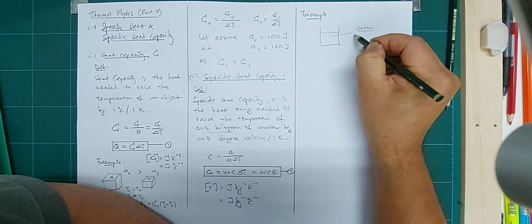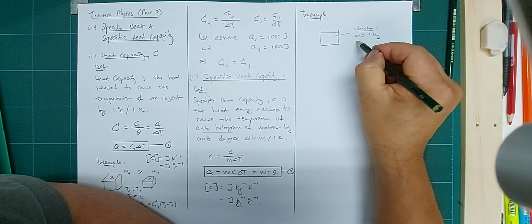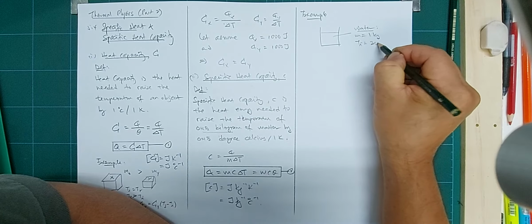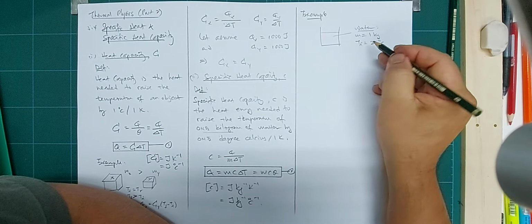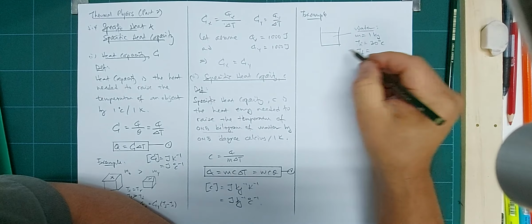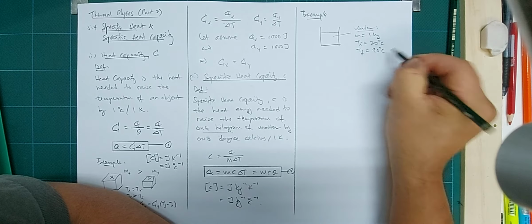Water with a mass of 1 kilogram, and then an initial temperature Ti of room temperature, let's say 30 degrees Celsius. Now calculate how much energy is needed if you want this to reach, let's say, 90 degrees Celsius.